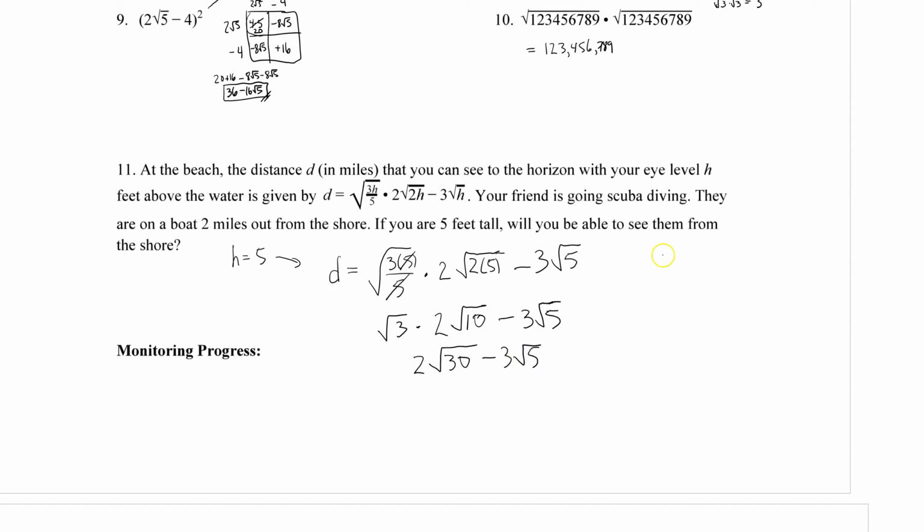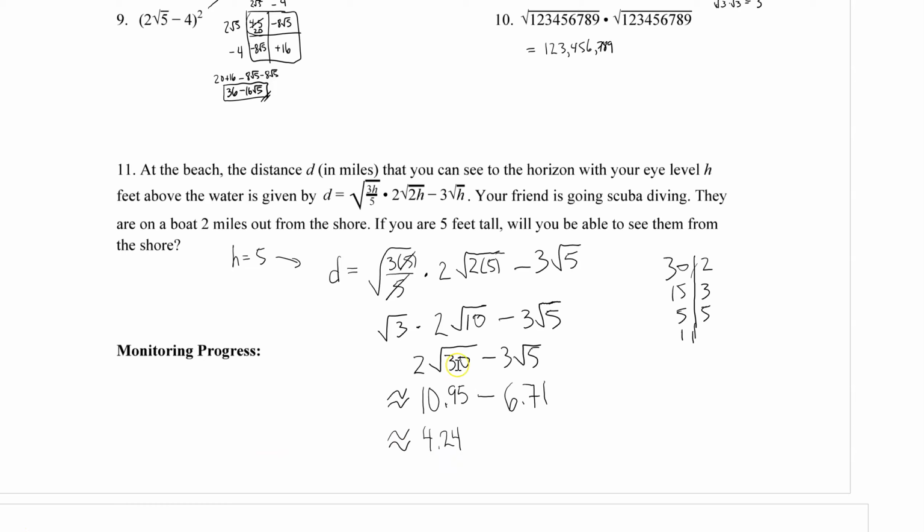Now 30, 2 goes into 30 15 times, 3 goes into 15 5 times, 5 goes into 5 1 time. And that means I can't simplify the square root of 30. So at this point, I would pause for just a second here and take out a calculator to calculate what is 2 times the square root of 30 minus 3 times the square root of 5.